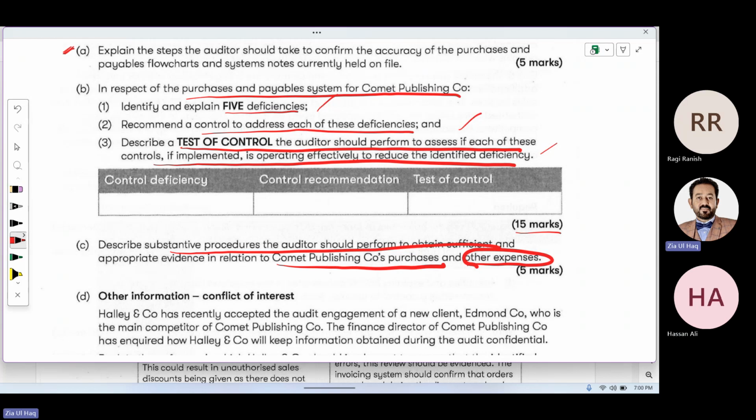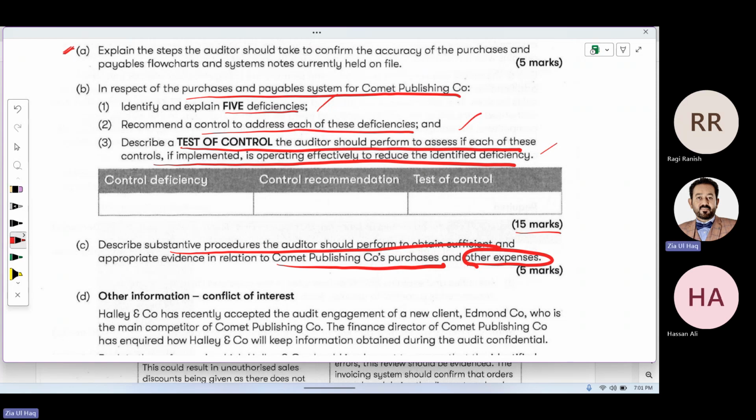This is to ensure GRNs have been converted into invoices. Cut-off: trace a sample of GRNs raised in the last week of the current period to relevant invoices and ledger balances. This is to ensure purchases and payables have been recorded in the current period only.